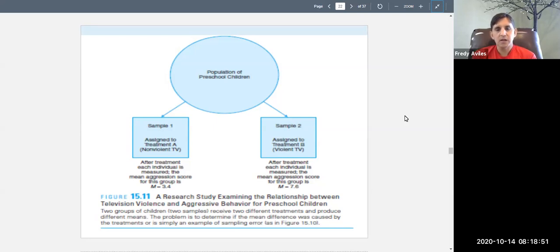So you can see there's a little bit more than a 4-point difference, 4.2, okay? Is that difference a real difference due to the violent TV? Or is it a difference that's due to chance, due to luck, due to sampling error, due to the fact that the children differ already on their own? It's unlikely that these children are going to be exactly the same. They're different children in these different groups.